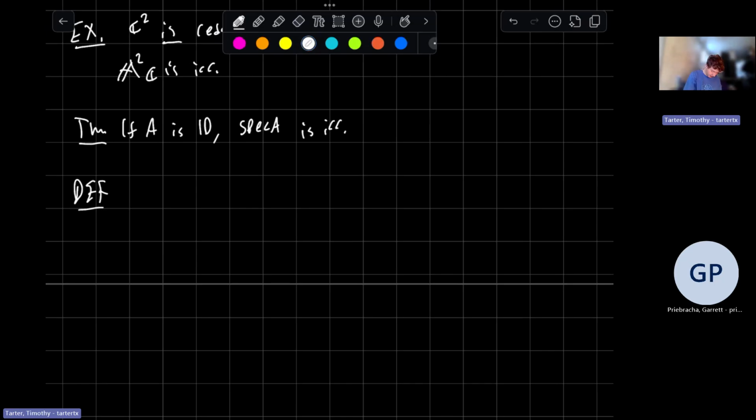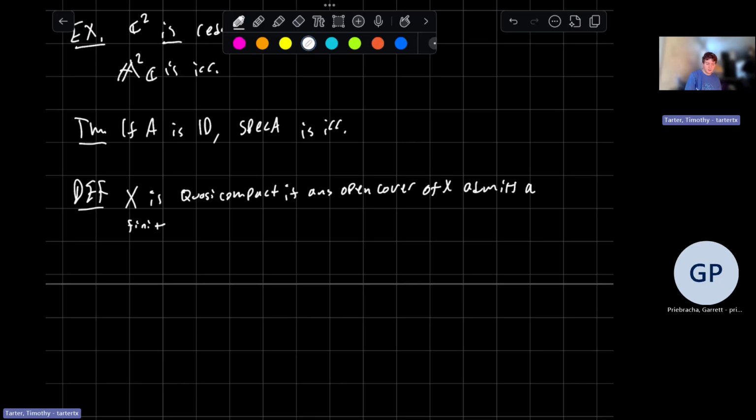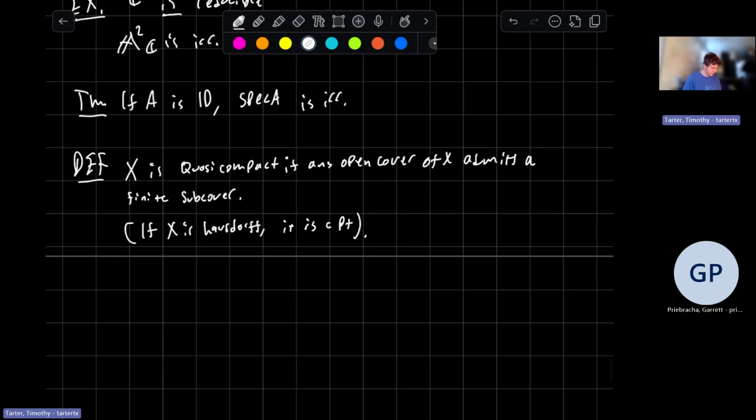So I'll just define: X is quasi-compact if any open cover of X admits a finite subcover, and then if X is also Hausdorff, it is compact, although we don't need to worry about that. Usually the first definition is what people use for compact.